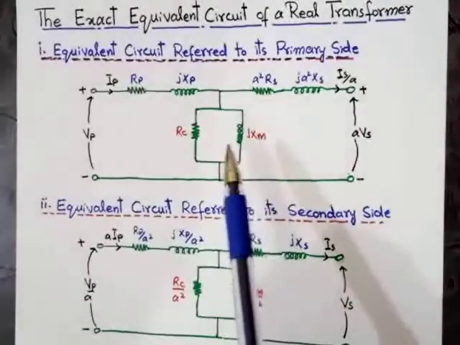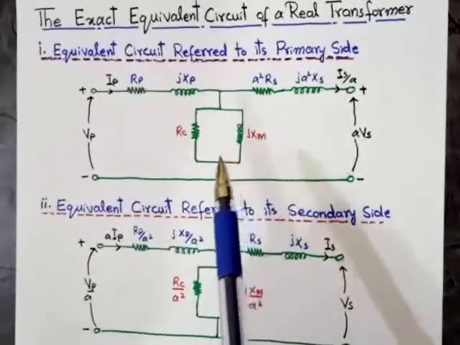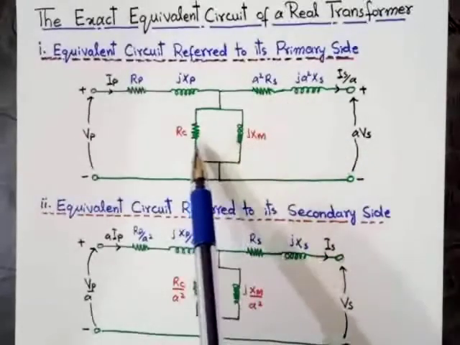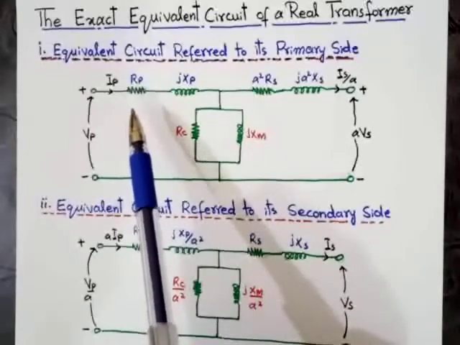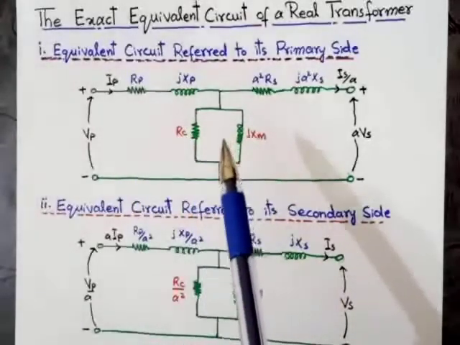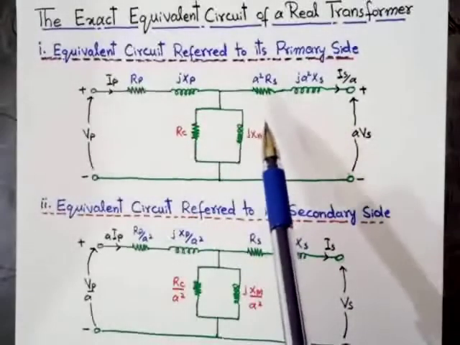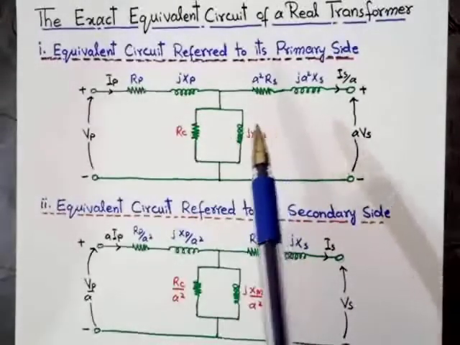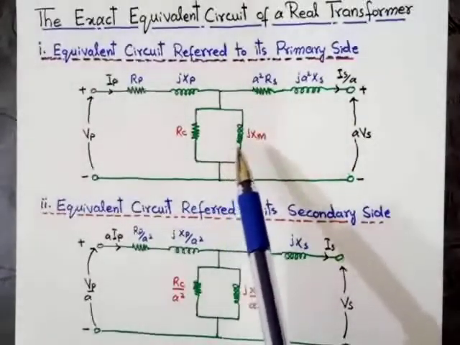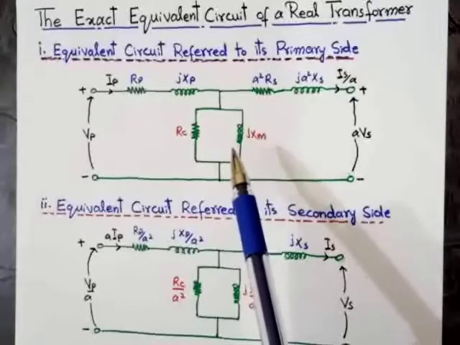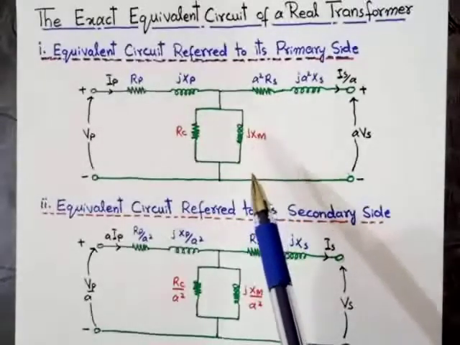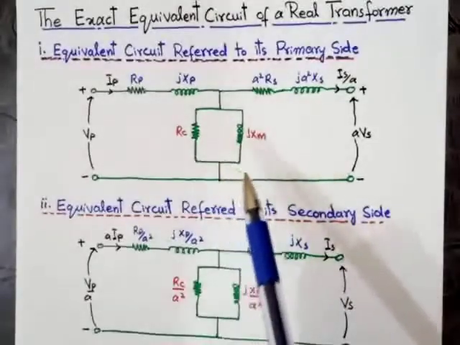Still, solving this equivalent circuit is a little bit difficult, because this is the series branch, this is the parallel branch, and this is also a series branch. To calculate the overall, the total impedance, it is still difficult to solve the circuit. To further simplify the circuit, we can reduce this.